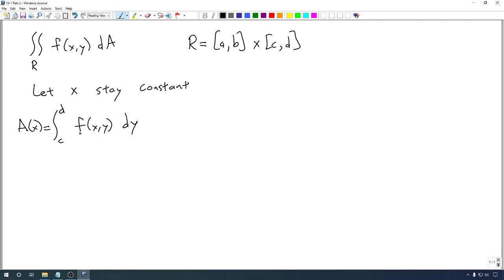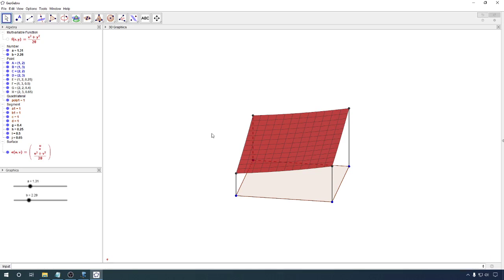Now, if our double integral does represent a volume of a solid, we'll go ahead and look at the function that we looked at in the last video, this function (x squared plus y squared) over 20, where we have the rectangle down here be from 1 to 2 crossed with 2 to 3. So the x values are going from 1 to 2, our y values are going from 2 to 3.